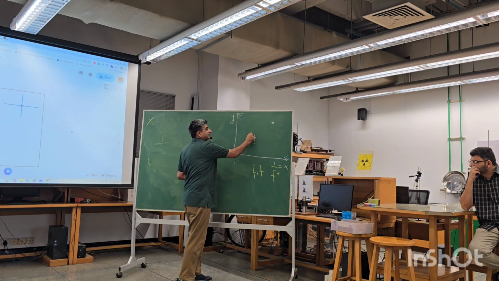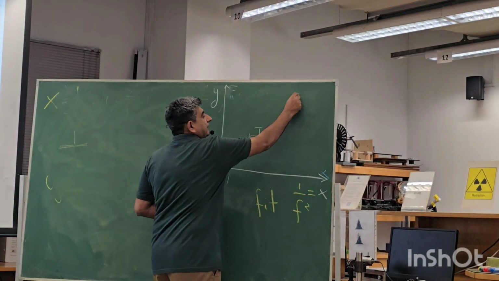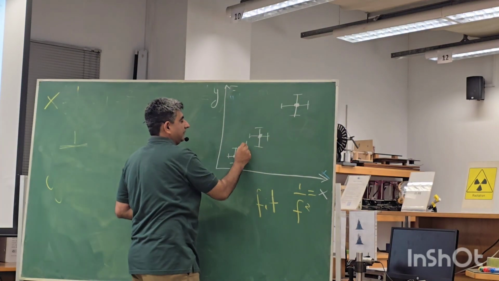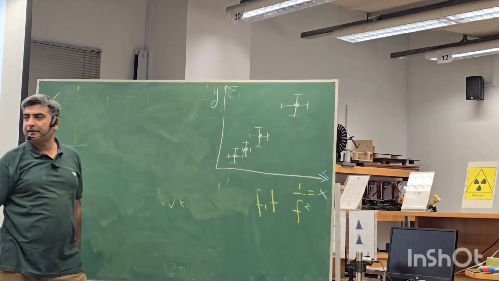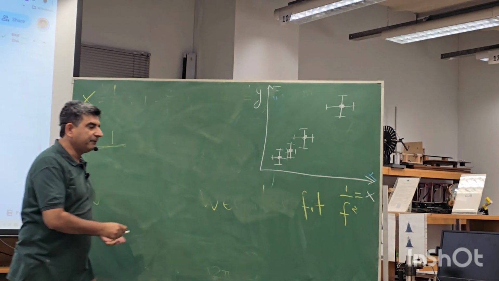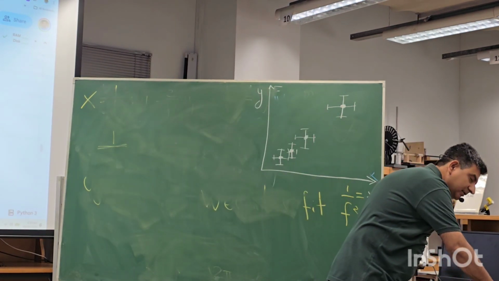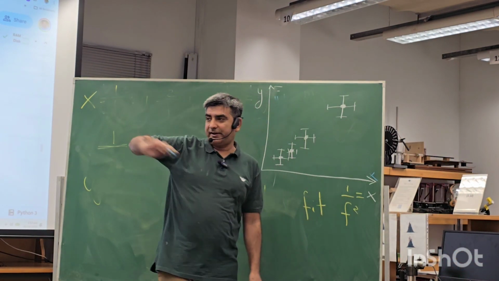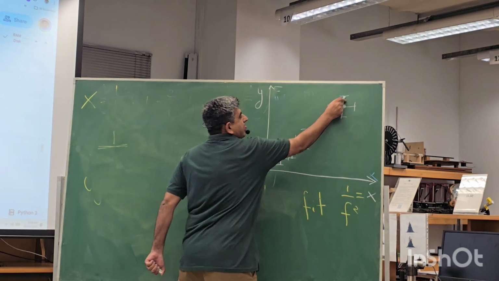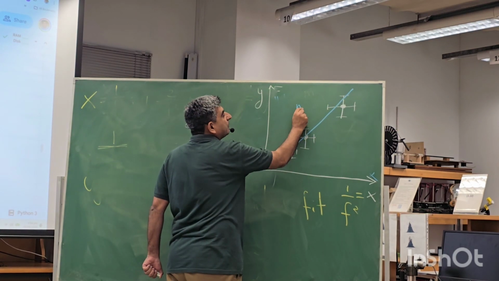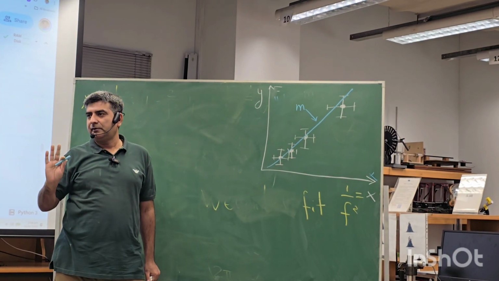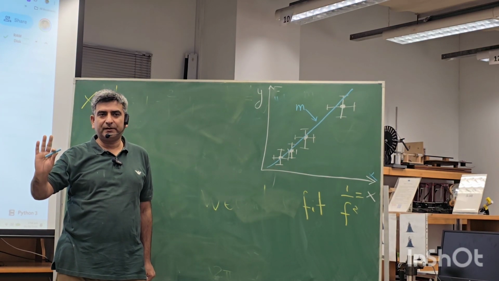Like this. Correct? True? And we already have an unweighted fit. We know the slope of this, m. We already know the slope of this for the unweighted fit.